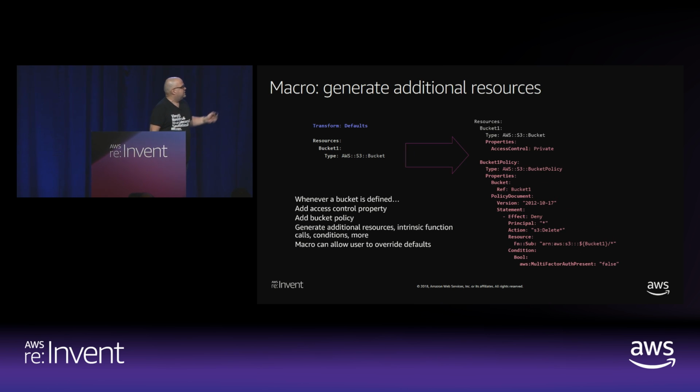So by just adding that transform defaults, this code will say, for every S3 bucket that I find, I'm going to add access control, I'm going to add a bucket policy, and I'm going to create a policy document. Again, the user of the macro doesn't need to know or care that you might be the compliance infrastructure person that will make sure that every time a bucket is created, these other things happen.